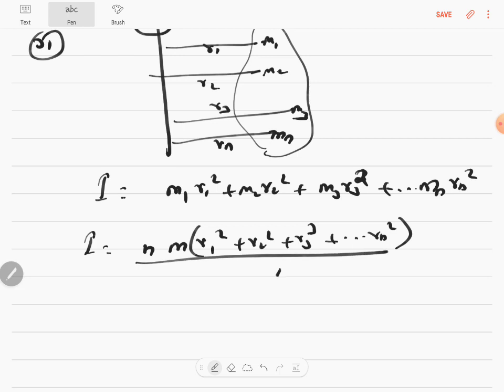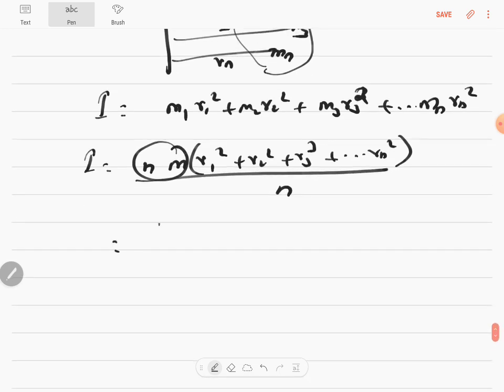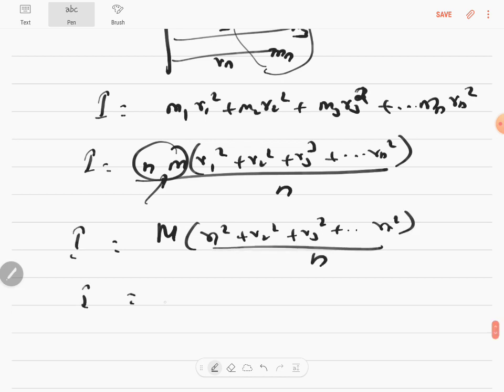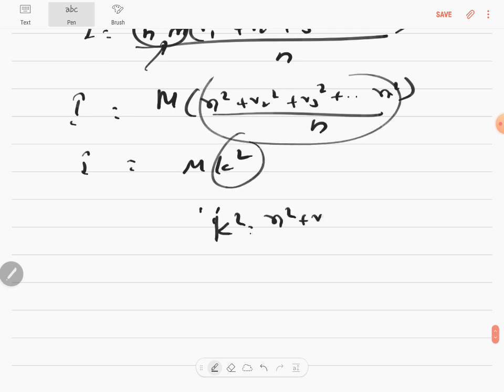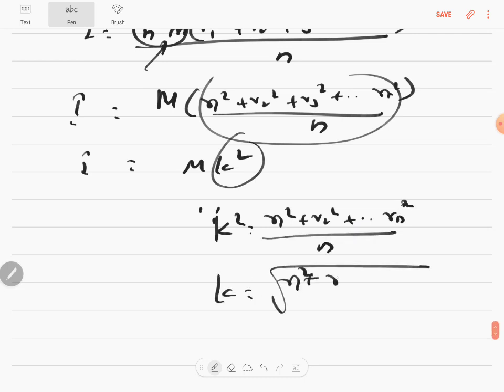Multiplying and dividing by n, the number of particles, nm is capital M, so it is M times (r1 square plus r2 square plus dot dot dot rn square) by n. Since moment of inertia is M k square, k square is (r1 square plus r2 square plus dot dot dot rn square) by n. Therefore k is the root of (r1 square plus r2 square plus dot dot dot rn square) by n.